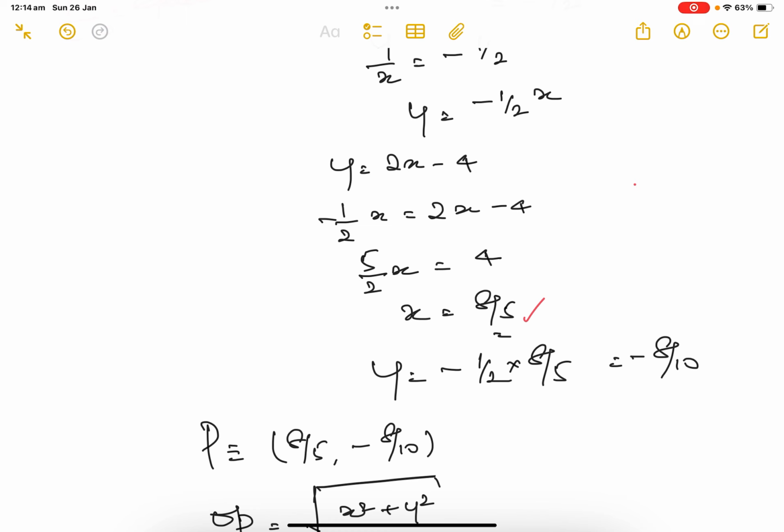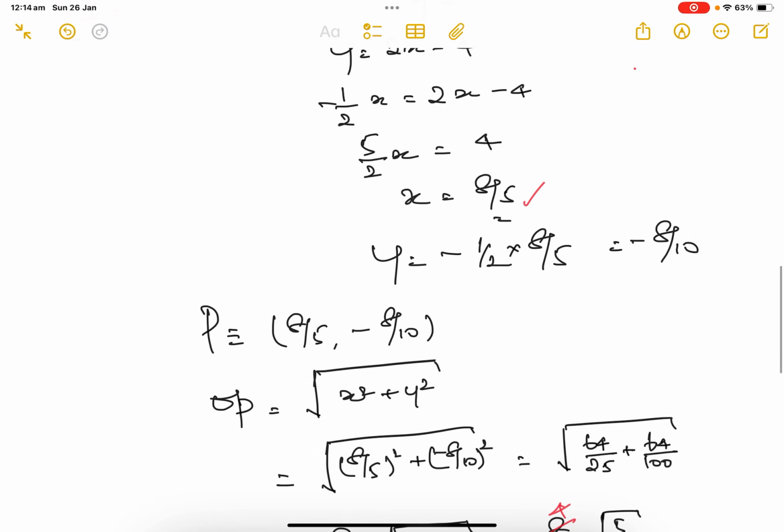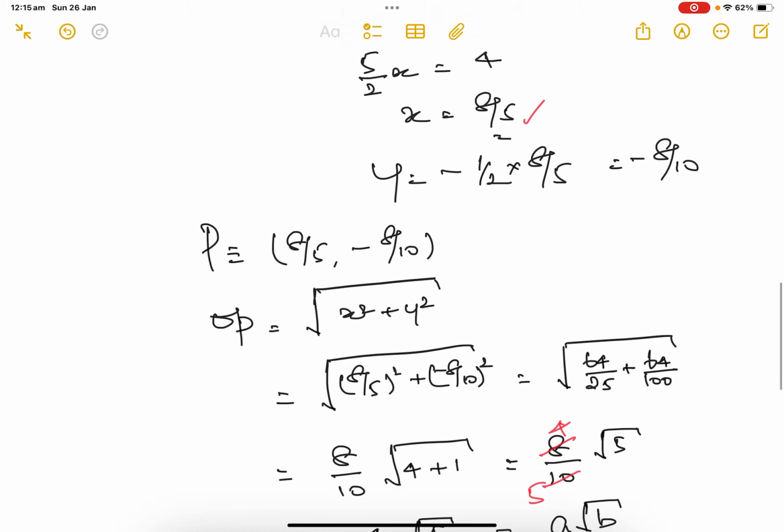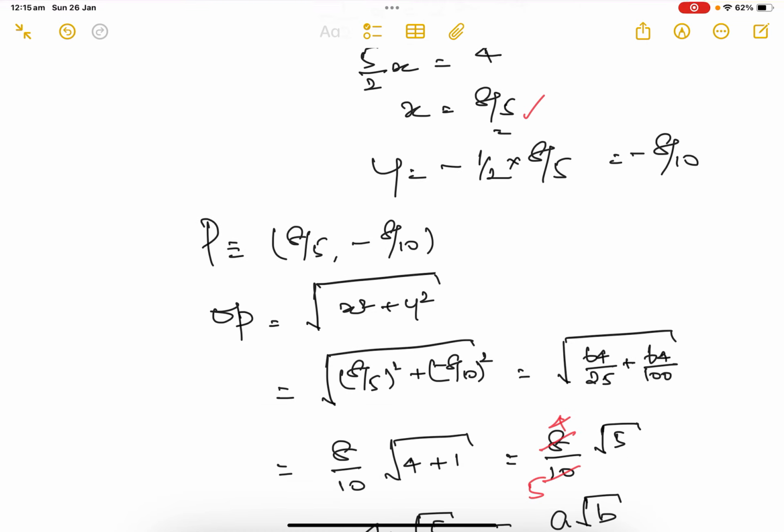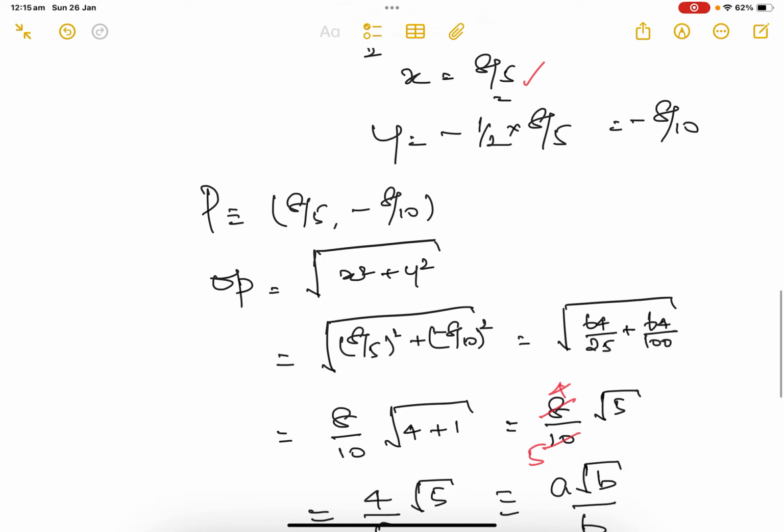So x equals 8 over 5. Having found x equals 8 over 5, y is minus half x, so minus half times 8 over 5, that is minus 8 over 10. So the y coordinate is minus 8 over 10. So the coordinates of P are 8 over 5, minus 8 over 10.